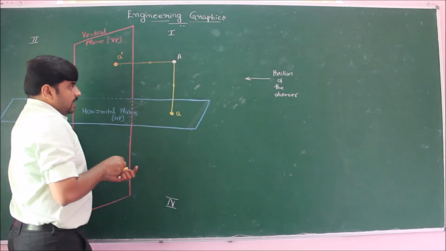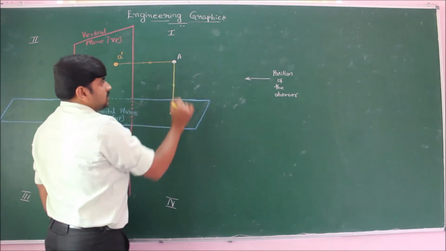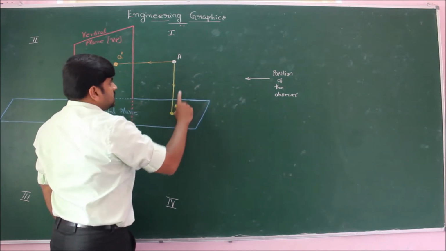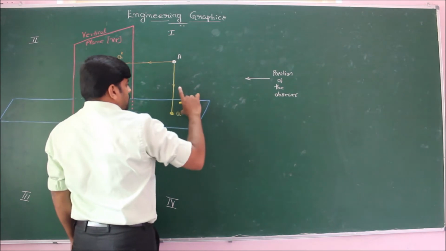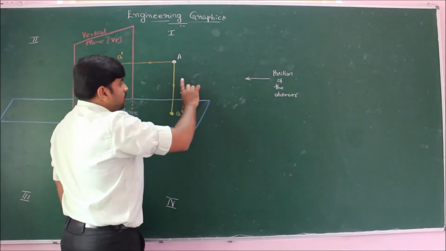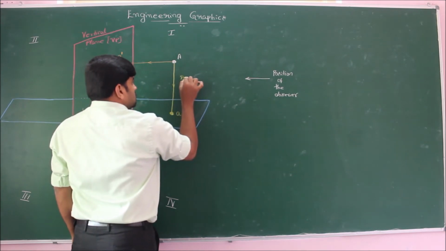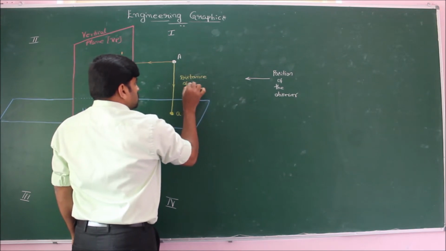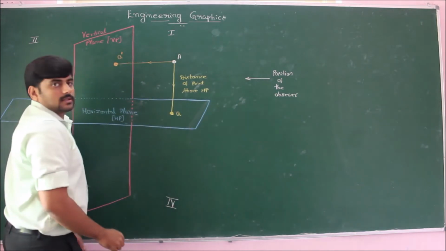Now, if you clearly observe in the front view, the observer can visualize the distance of the point above the horizontal plane. So therefore, in the front view, the observer can see the distance of the point above the horizontal plane.